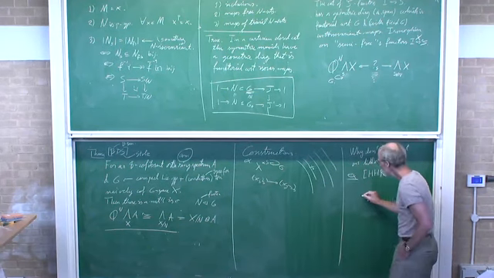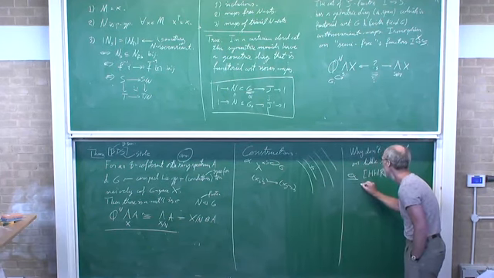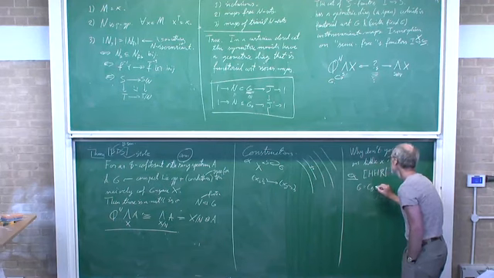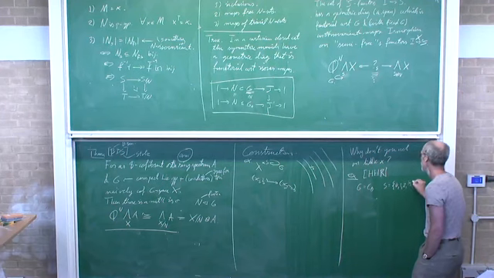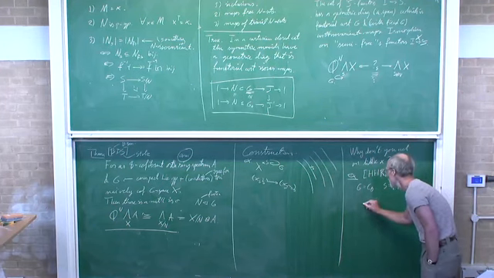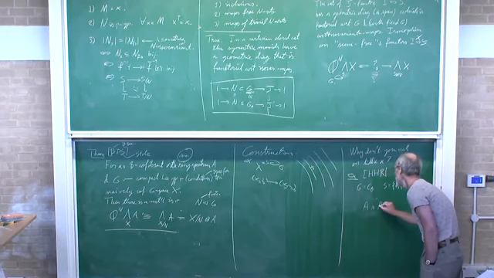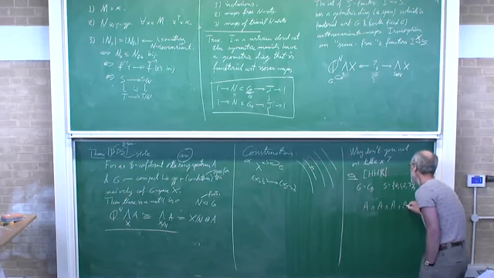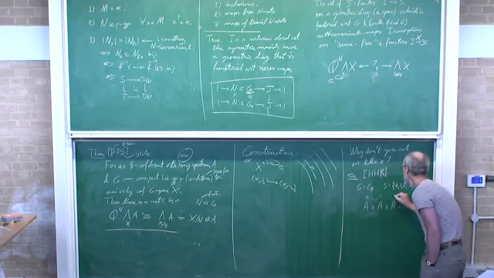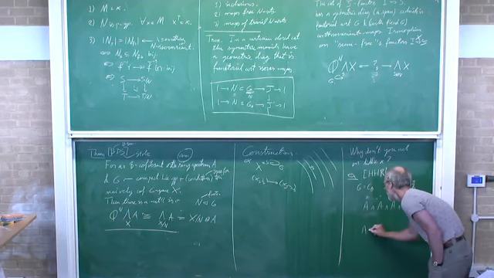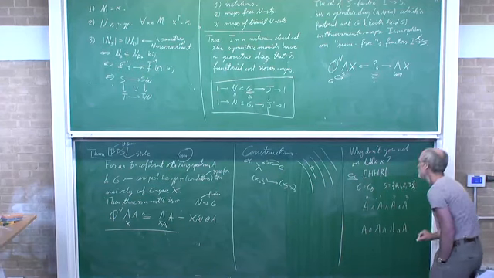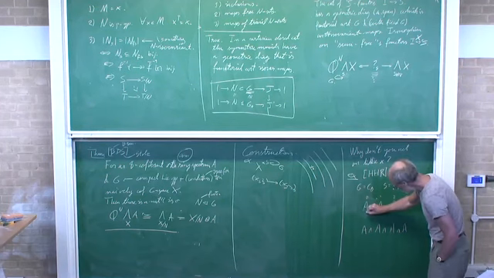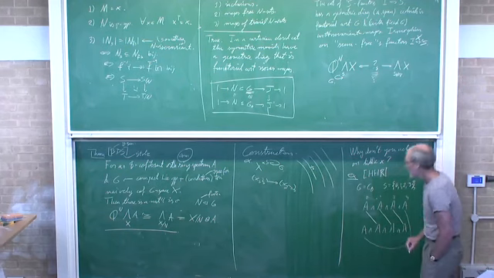And they consider a situation where G is C_8, and S is 0, 1, 2, 3. So I have A smash A smash A smash A, indexed 0, 1, 2, 3, and they want to act by the generator in C_8. And of course, the thing to do is to send this over here, this over there, that over there, and that over there.